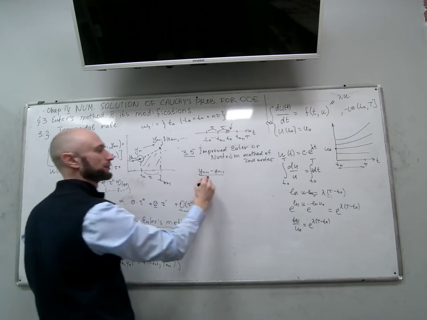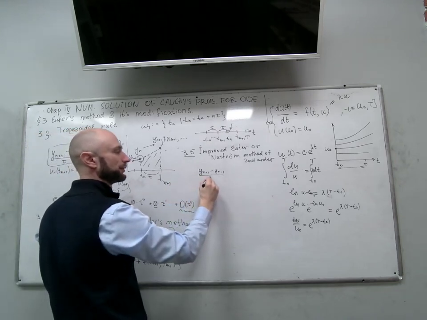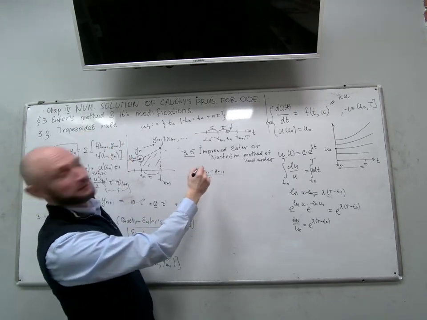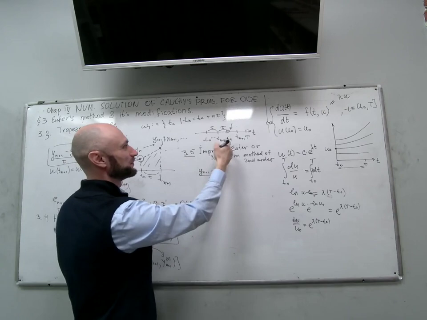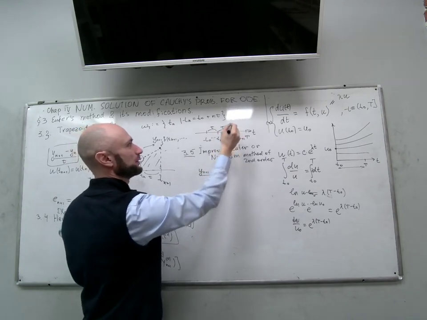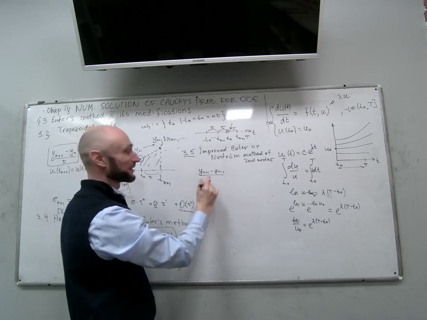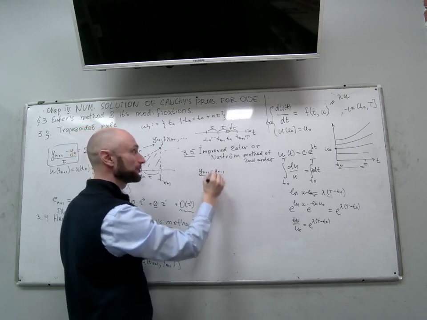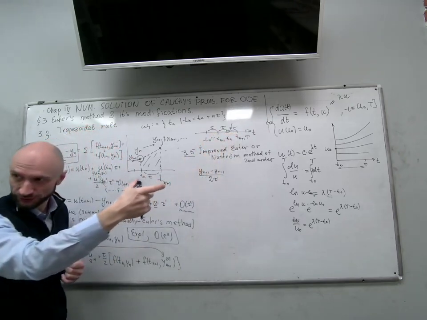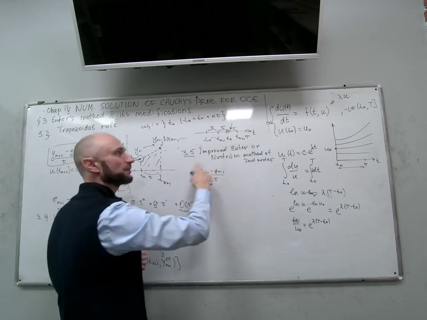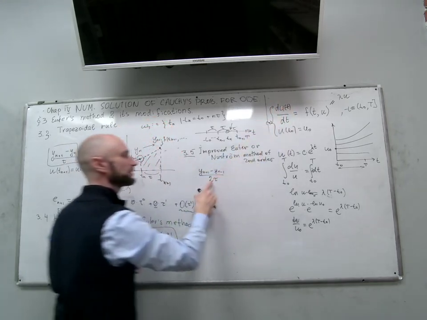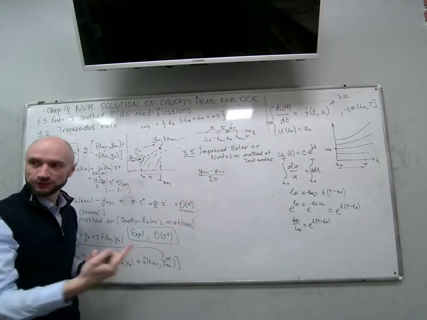So divided by what? Tau should be involved here. But how many tau? 2 tau, because this is the distance of the whole interval. This is the approximation of the first derivative using the central difference formula.